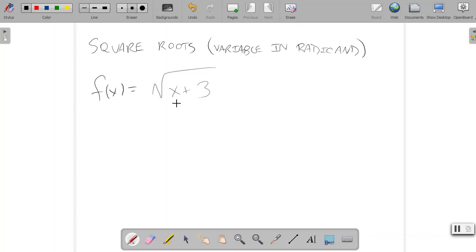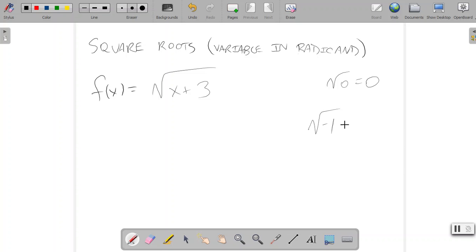Any positive number here, 4, 5, 6, 7, 8, would be fine. 4 plus 3 is 7. The square root of 7 can be done. 5 plus 3 is 8. The square root of 8 is 2 square roots of 2, etc. -3 would be fine because the square root of 0 is 0. So that's no problem.